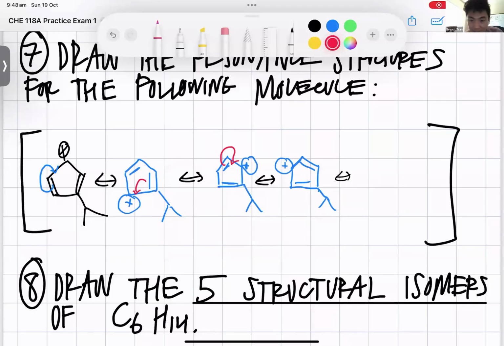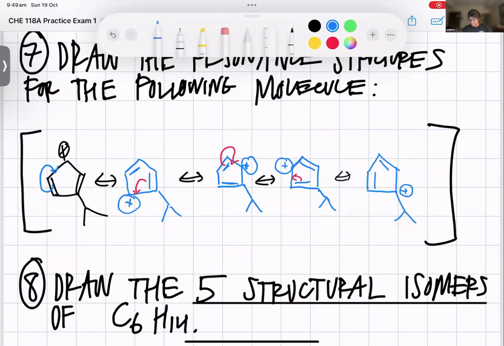There hasn't been a positive charge at the bottom yet, and you would create that by moving that double bond there. Yeah, and then isopropyl. There you go.